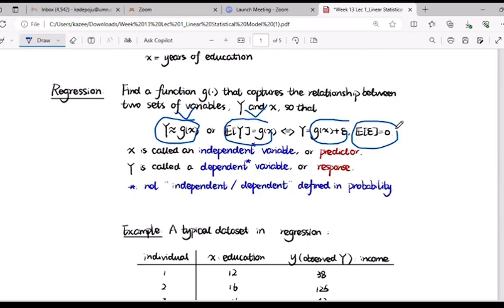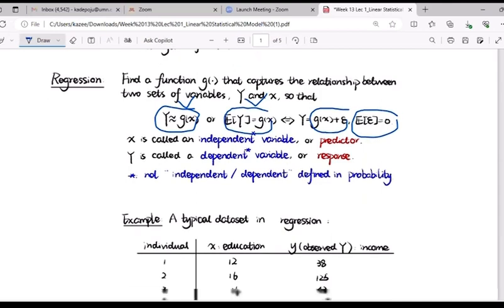A model is as good as the assumptions put into it. Now X is called the independent variable, also the explanatory variable, also the predictor. Y is called the dependent variable, also the response variable, and some call it the outcome variable.